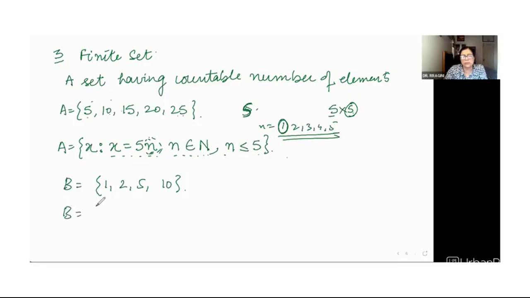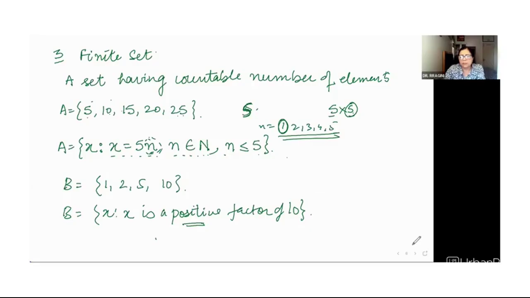The corresponding set builder form of this set is X is such that X is a positive factor of 10, right? I have mentioned it in the language. Positive means we are not supposed to write negative numbers, -1, -2, -5, positive factors of 10. So these are the examples of finite set.